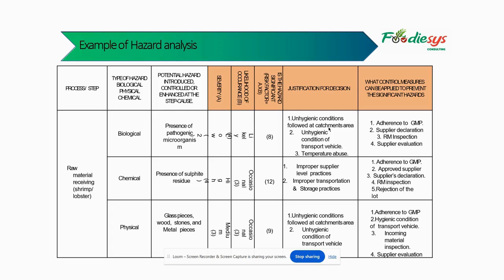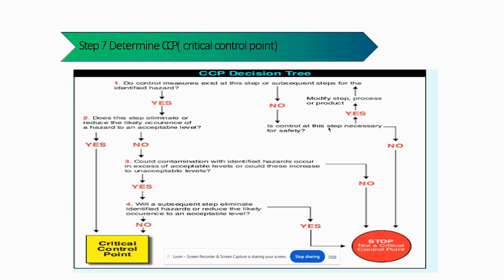If we are going to implement FSSC or ISO 22000, the CCP will be fixed based on another method. In the critical control point determination, there will be a set of questions. Depending upon the answers, we can find out whether the particular step is considered to be a critical control point or not. The first question will be: do control measures exist at this step or subsequent steps for the identified hazard?